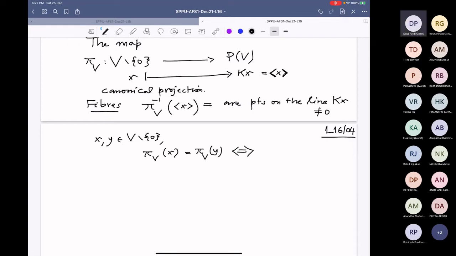X and y are linearly dependent over k. So that means y is of the form lambda times x, where lambda is a non-zero scalar. That is how we understand. All right. So the lines are also identified.